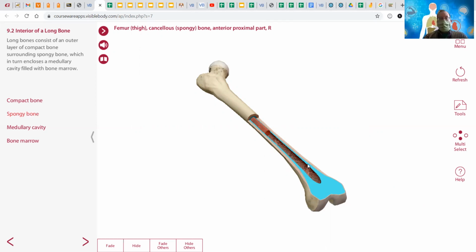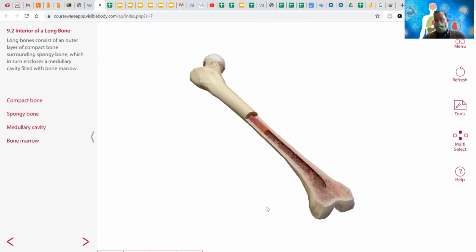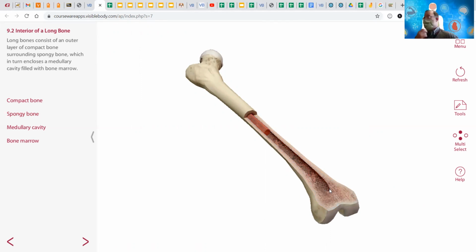Now, when we look at a short bone, or an irregular bone, or a flat bone, they're primarily going to be composed of that spongy bone. Now, spongy bone, which again is more porous, is found at the ends of long bones, as well as within all other types of bone.